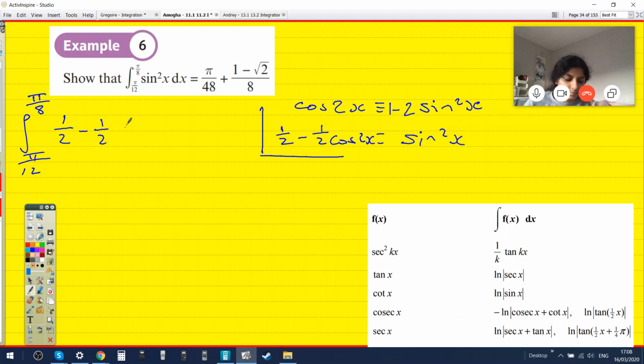I got half x minus a quarter sine 2x plus c. Half x minus a quarter sine 2x plus c. That's what you got, is it? Yeah. Oh wait, isn't it a definite integral, so there's no plus c? Yeah, so you don't need the plus c. That'll just be 0.